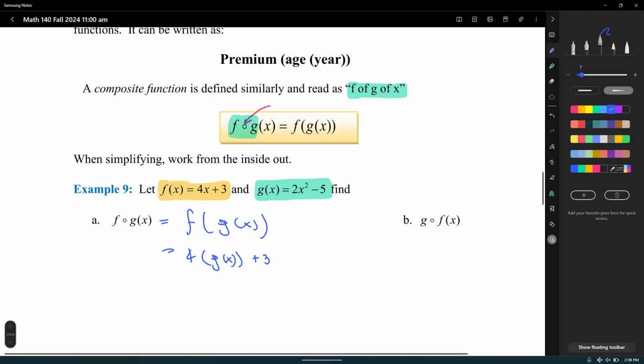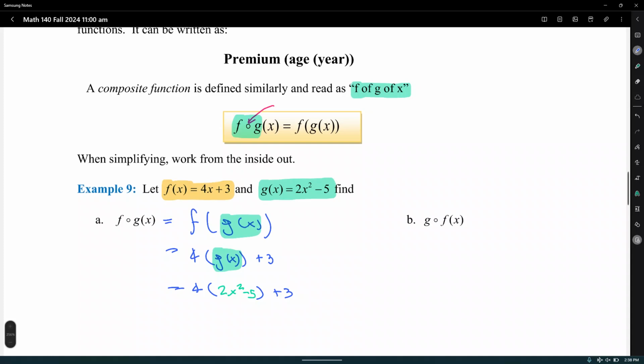Let me highlight with the corresponding color so you can see what we're doing. Here we're evaluating at g of x, the function highlighted with green, and all we do is substitute: 4 times the quantity in green plus 3, where the quantity in green is 2x squared minus 5.